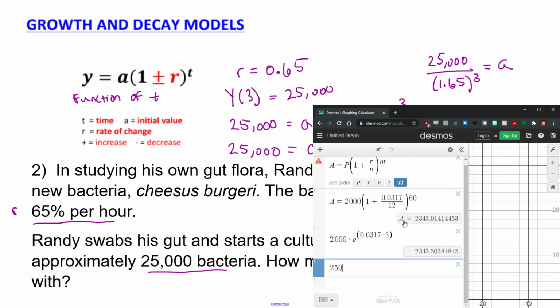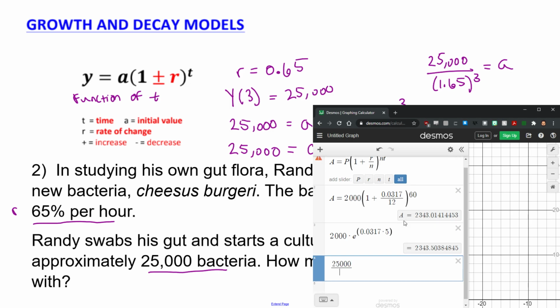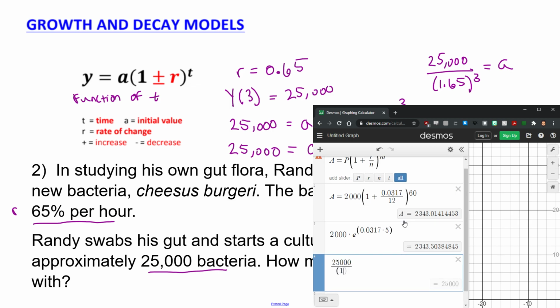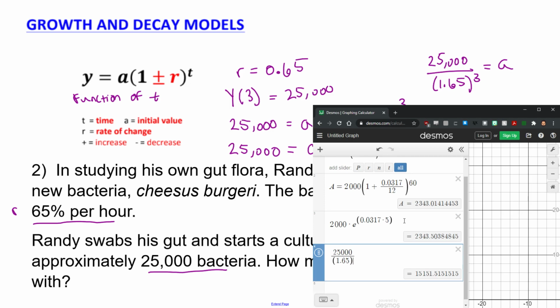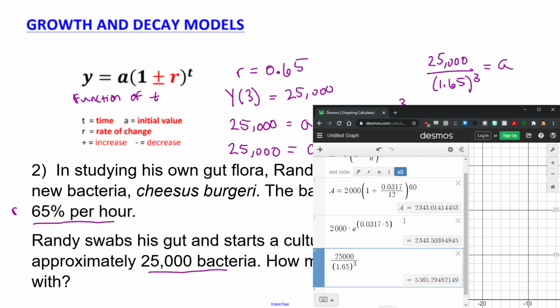So we'll do 25,000 divided by 1.65 to the third power. That gives us 65.29. Let's think. So we're counting bacteria, right? Are you going to count 0.29 of a bacteria? No. You're just going to round.